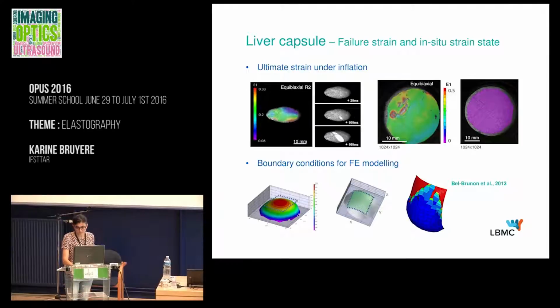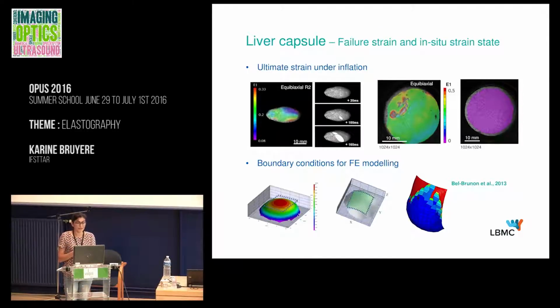Here it's quite slow, but we can see the evolution, during the inflation of the membranes, of the first principal strain of the strain field. And it's not axisymmetric as it should be because of the boundary condition of fixing, which is not very well done.